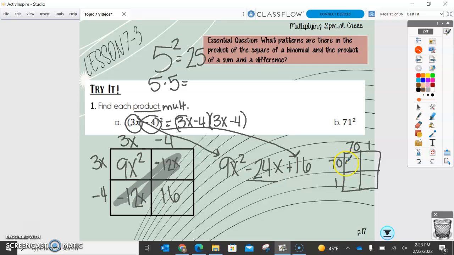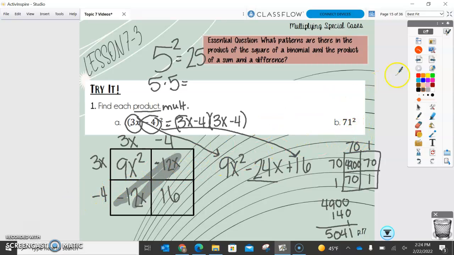Well, 7 times 7 is 49, and I'll add 2 zeros. 1 times 70 is 70. 1 times 70 is 70. And 1 times 1 is 1. So if I have my 4,900 plus 70 and 70, which makes 140, and plus 1, my final answer is 5,041. So we could break up a number to help us square it.